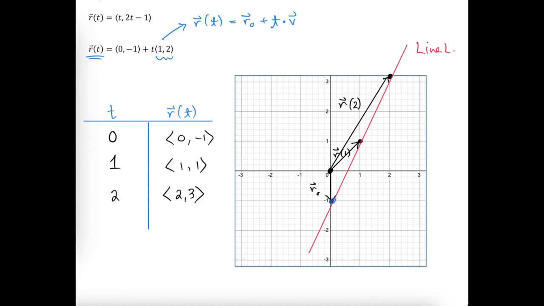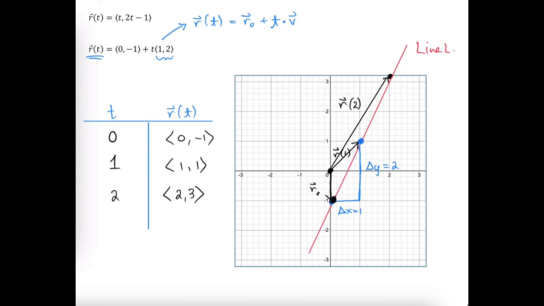In order to get from one ordered pair to another ordered pair on the graph, we did take a change in x that was 1 unit long and a change in y that was 2 units. And so to get from point r0 to point r1, we did move 1 unit in the direction of x and 2 units in the direction of y.